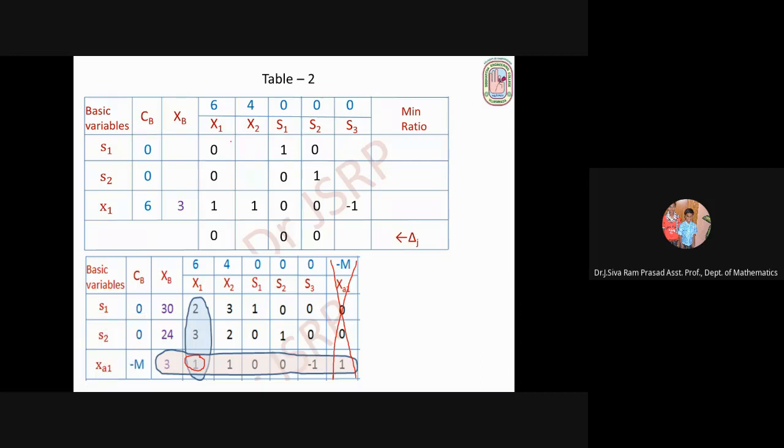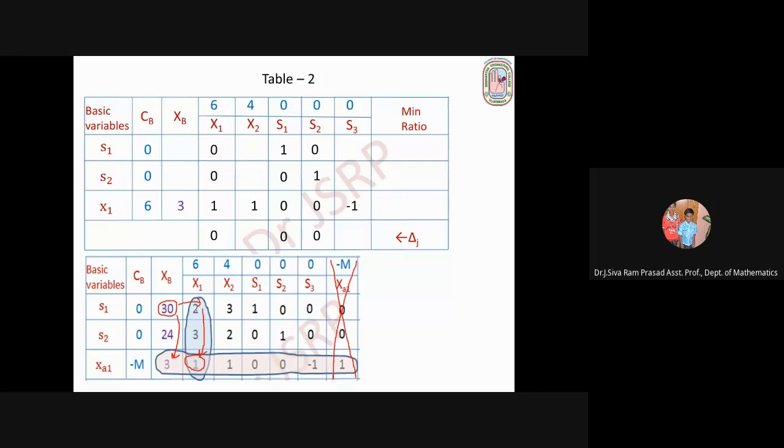Right. So how do we calculate the remaining values? To calculate the first value in the solution, consider the present value, that is 30, minus the corresponding pivot column element, which is 2, divided by the pivot element 1, into the corresponding pivot row element, which is 3.